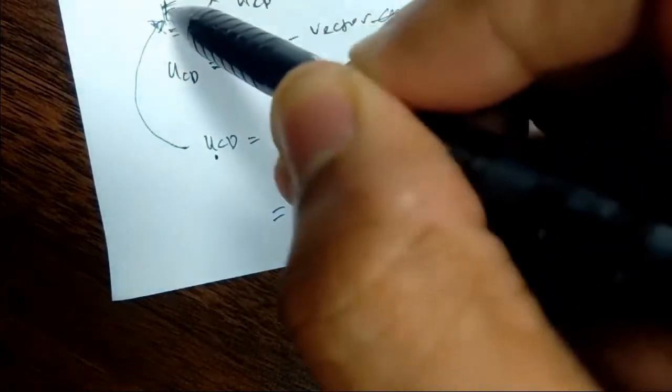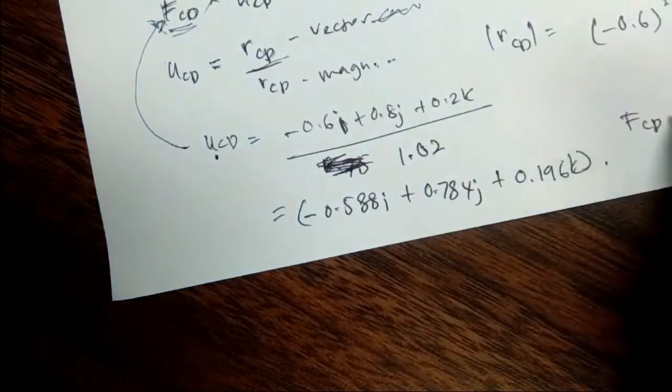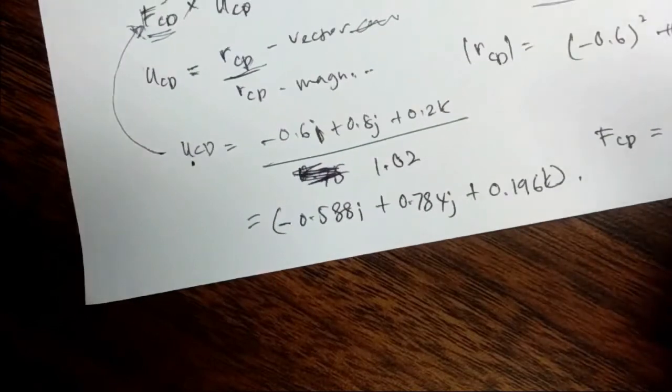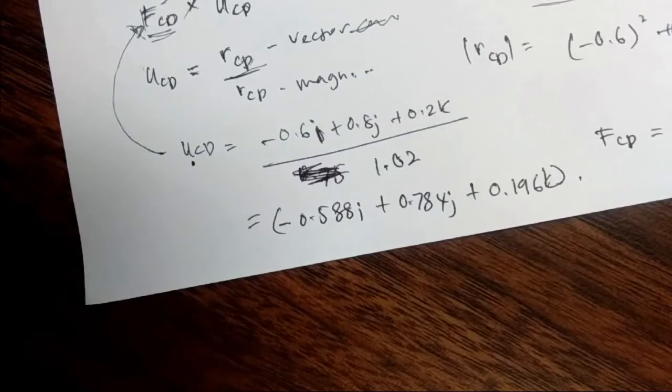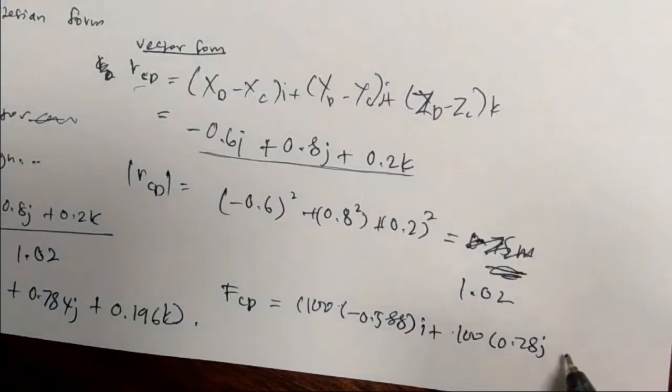So after you get the unit vector, you can multiply with the scalar magnitude of FCD, which is 100. So you will get FCD in the Cartesian vector form. So FCD in Cartesian vector form is equal to 100 multiplied with negative 0.588 I plus 100 times 0.784j, sorry, plus 100 times 0.196k.